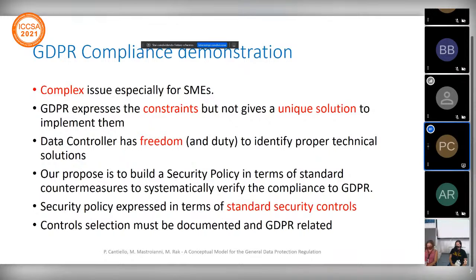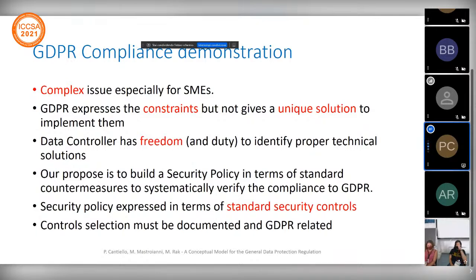In our work, we have tried to build the security policies that, starting from process, could help the data processor to give the set of standard security controls that must be applied and verified in order to demonstrate the compliance.